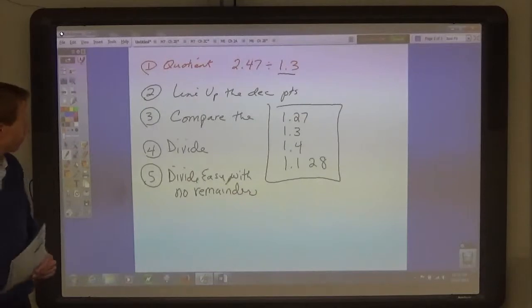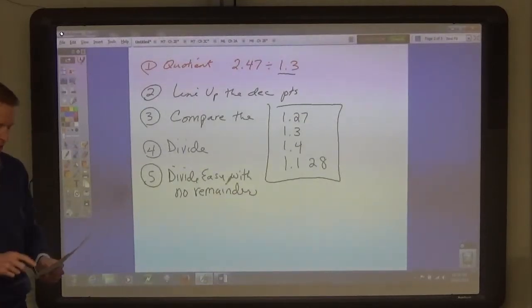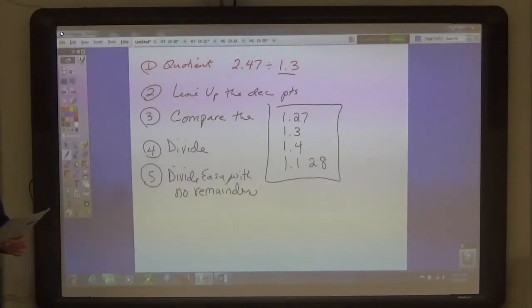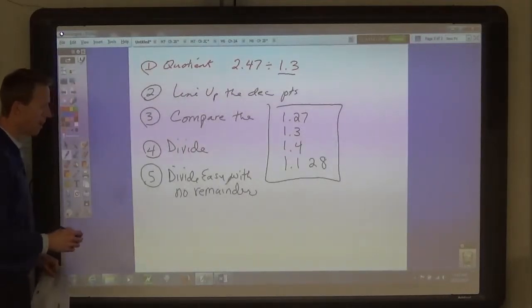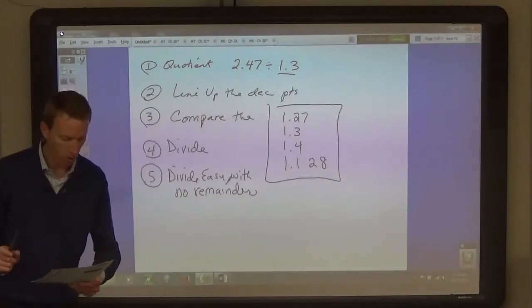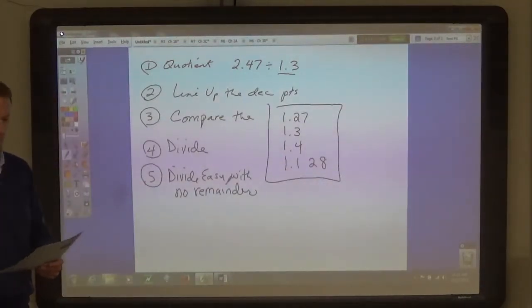Wait, this is a multiplication equation though. That shouldn't. They messed up the directions on this one. So in this case, we're not going to divide. We're going to multiply, and you should multiply using numbers that are easy to multiply.